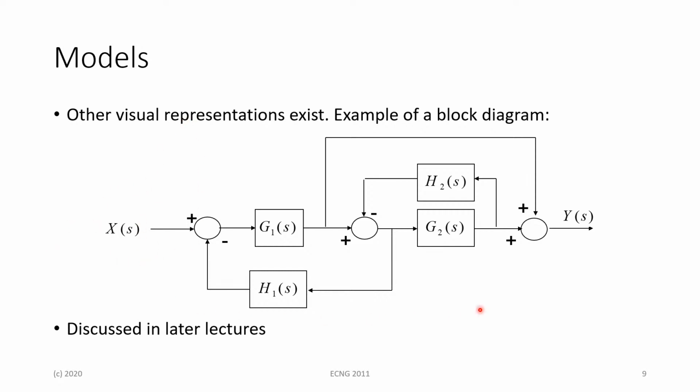This entire system is how the X of s signal is going to be processed to produce our Y of s signal. The block diagram will be explained in later lectures, as to how we actually obtain our Y of s signal and how we obtain our transfer function mapping our Y of s signal to our X of s signal.